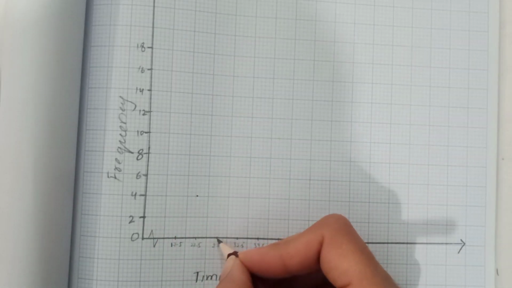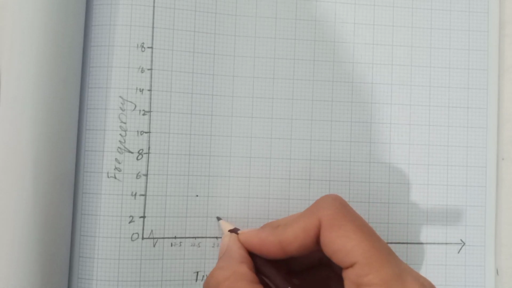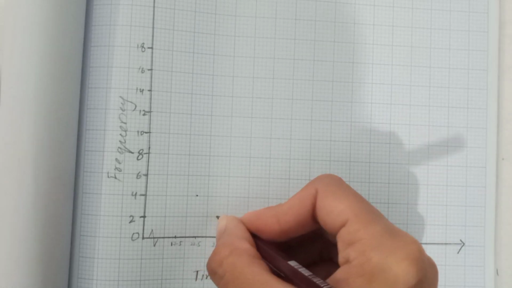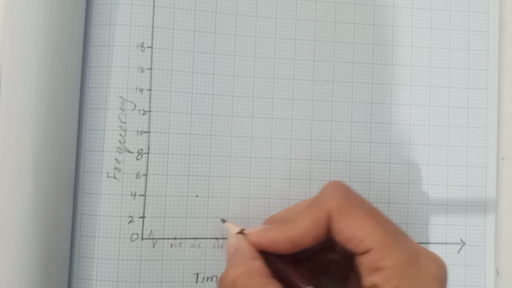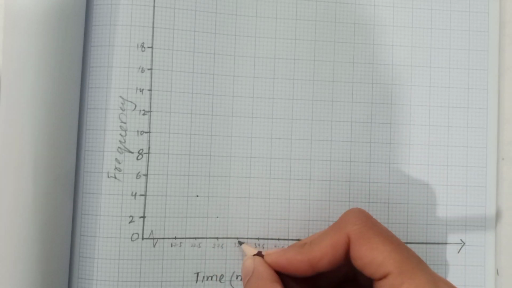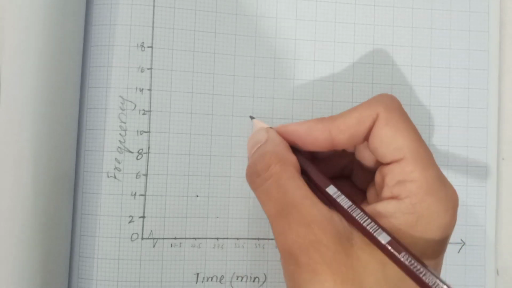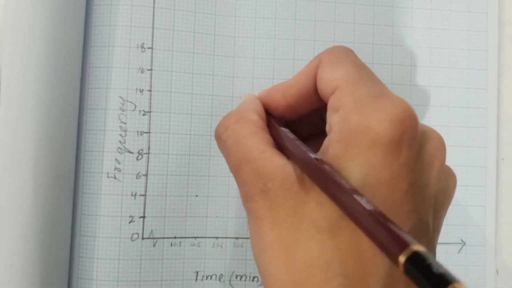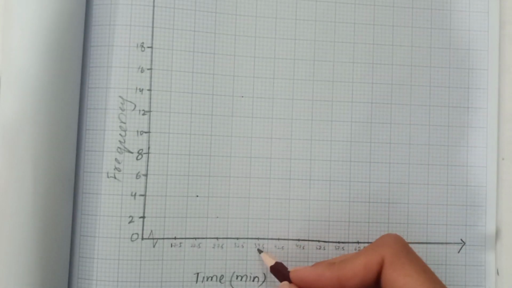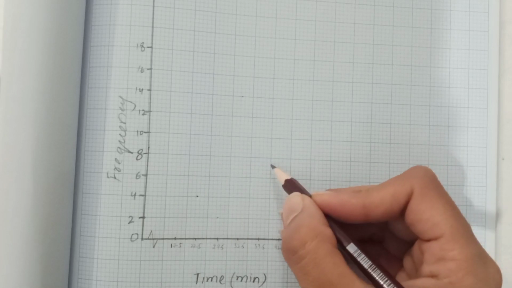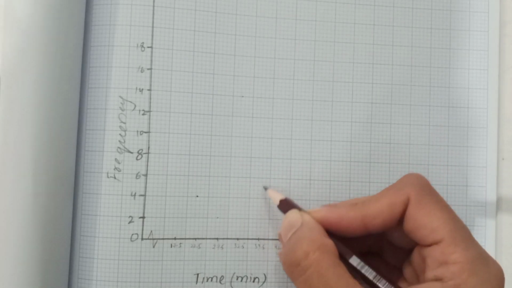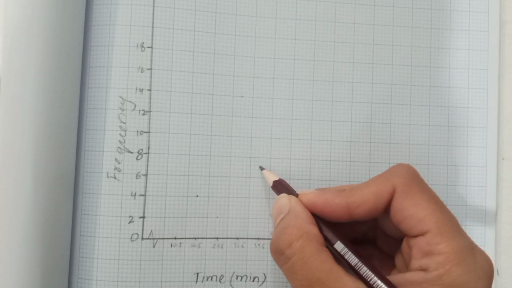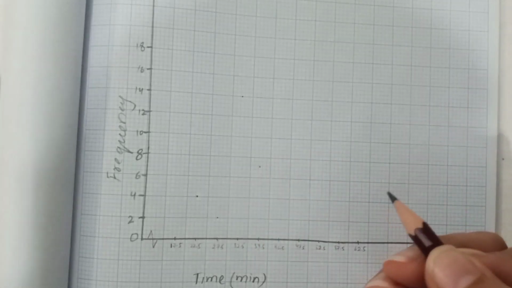For 27.5 the frequency is 2, and for 32.5 the frequency is 14, and for 37.5 the frequency is 7. That is the midpoint.